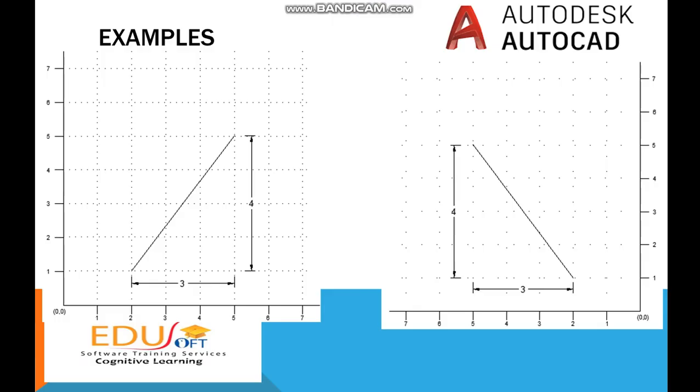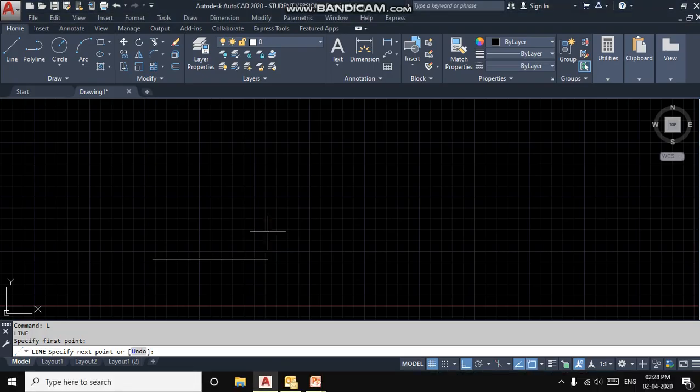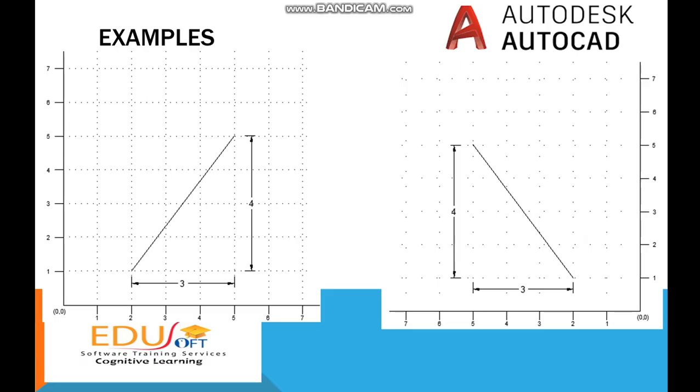As per the drawing, the line is traveling 3 units in the positive x-axis, that is, towards your right-hand side, and upward. That means both x value and y value will be positive. So remember to type @3,4, because the distance traveled in the x direction is 3 and in the y direction is 4.